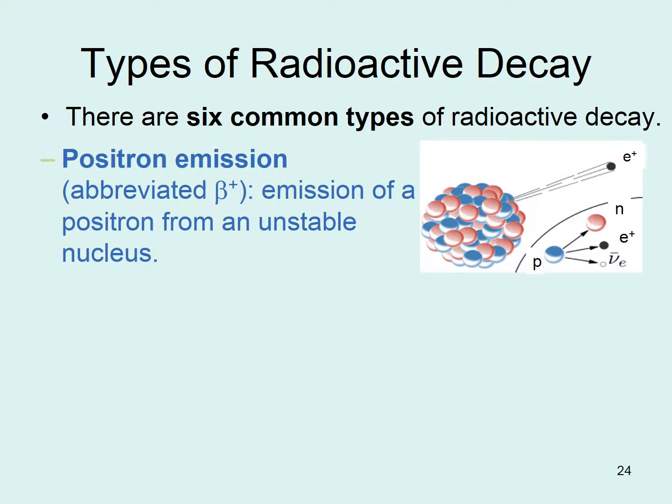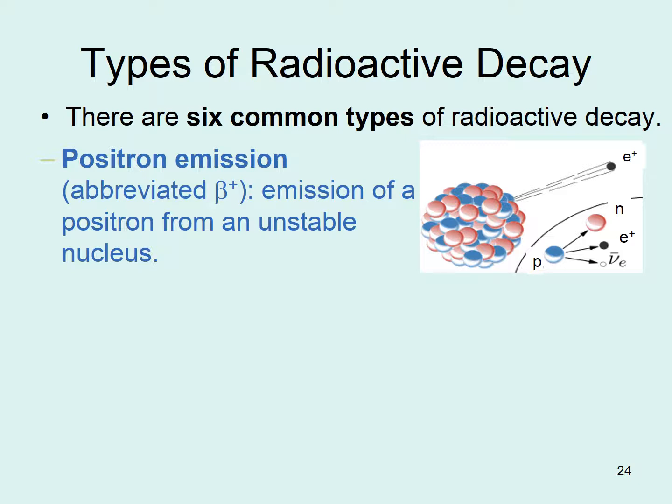A third type of radioactive decay is positron emission. Like we talked about, a positron particle is the opposite of an electron. It's the same size and mass, but it has a positive charge rather than negative. Sometimes you'll see a positron abbreviated with the beta symbol with a positive, or as we've seen before, with the positive one on the bottom and a 0 on the top.